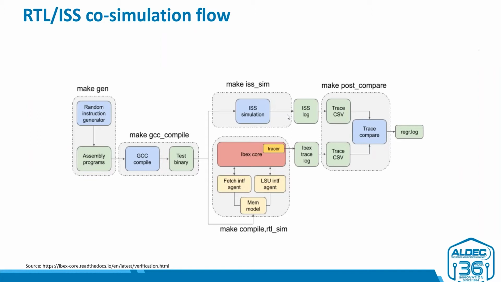So this is how the RTL and the instruction set simulator co-simulation flow looks like. We have the make that will generate the random instruction generator, and we use the RISC-V tool chain to assemble that, and we load both the ISS sim and RTL with that test binary, and then we run the simulations, and then we compare both the simulations using a post compare script, and this is done in Python.